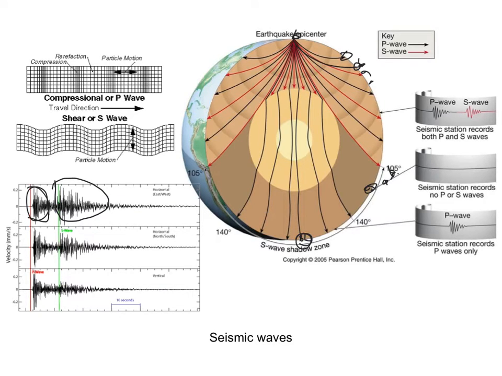By measuring whether or not an S wave shows up, the time it takes for a P wave and an S wave to show up in the areas where both are showing up, the time it takes for P waves to show up in the areas where only P waves show up, then that has allowed geophysicists to say, well, in the middle of this ball that we call the Earth, there is some material that's different than what's going on in the mantle that is affecting how the earthquakes are being transmitted.